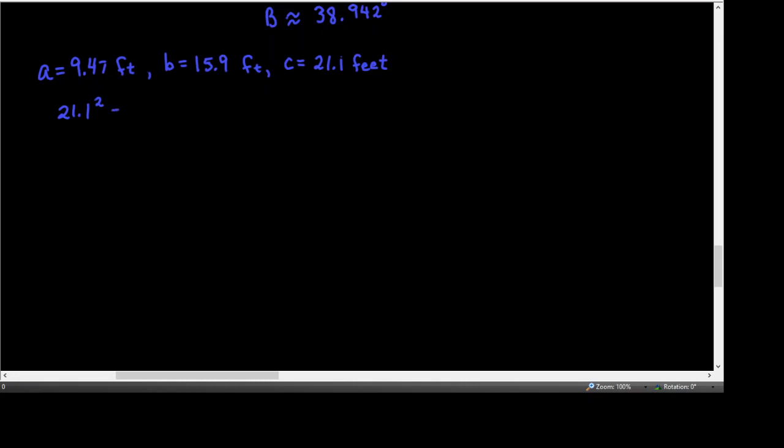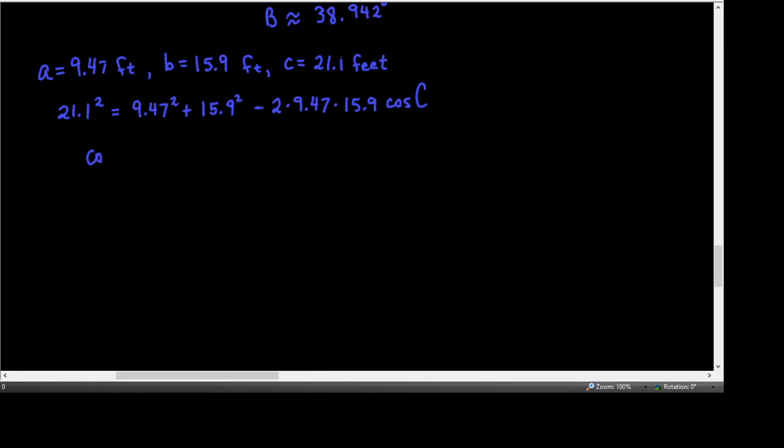So the side that's longest by itself squared equals the sum of the squares of the other two given sides minus twice the product of those two sides that were given multiplied by the cosine of the angle that has the same name as the side by itself on the other side of the equal sign, so C.